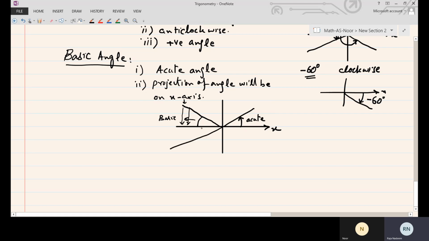If you have an angle in the third quadrant and you spot a light at this point, you would find that the shadow of this line would be on the negative part of the x-axis. So this would be your basic angle. And in the fourth quadrant, if we spot a light at this, then the basic angle would be this one. So from all these four quadrants, we have learned that the angle with the x-axis in the form of an acute angle will give you the basic angle.